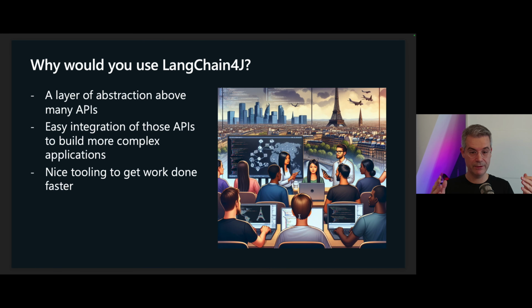You've seen how easy it is to use them all together because you've got a common API. And last but not least, it's got some very nice tooling that helps you get your work done faster. So thanks to LangChain4j, you can get up to speed on LLMs very easily and very fast, and also have your business requirements complete thanks to all those different LLMs that you can switch depending on your specific needs.